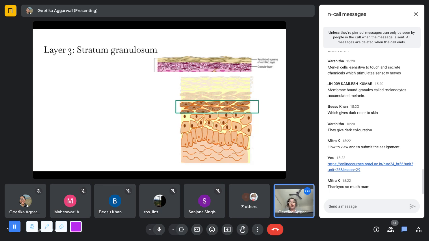Anyone who knows the answer, you can type it out in the chat box, or you can unmute and tell me. Why the name granulosum?